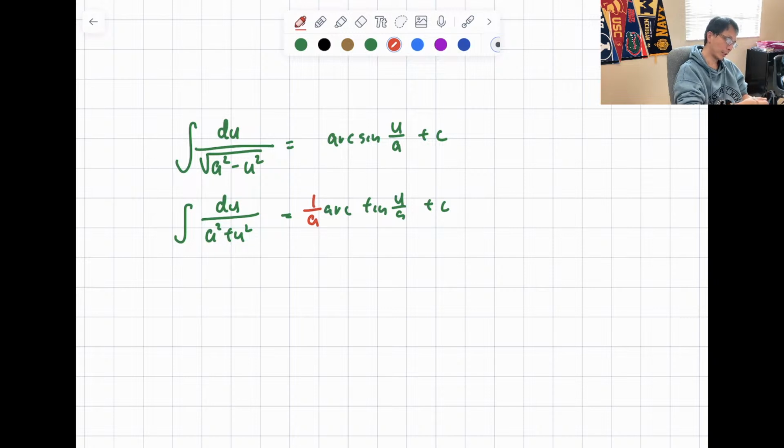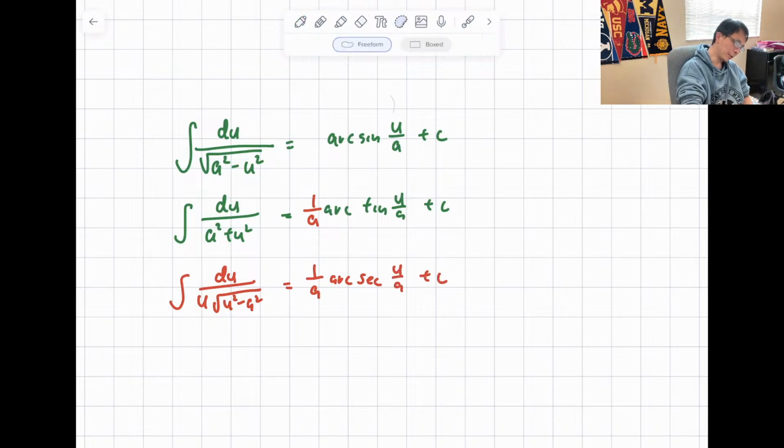No, only the tangent and secant. So du over u times the square root of u squared minus a squared is equal to 1 over a arc secant of u over a plus c.